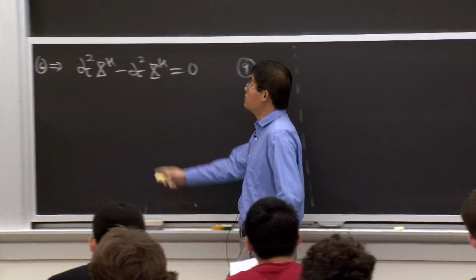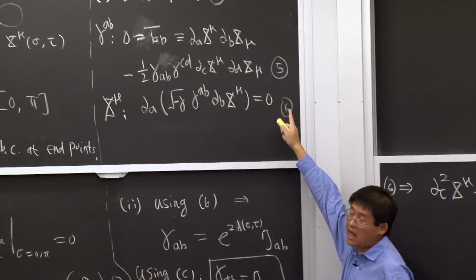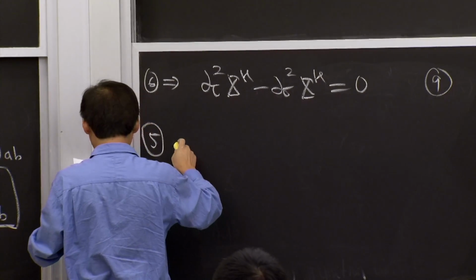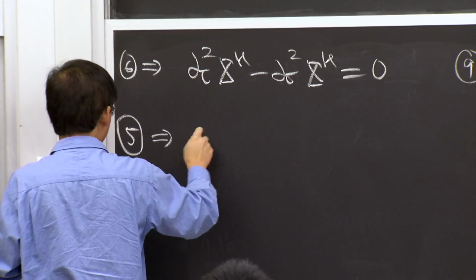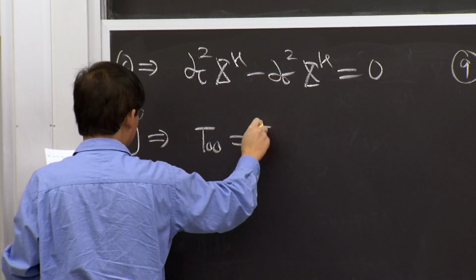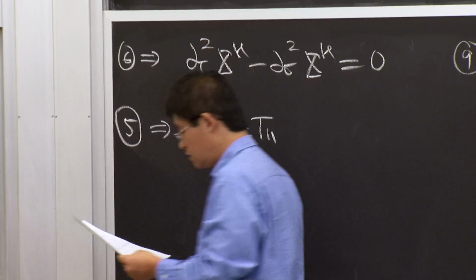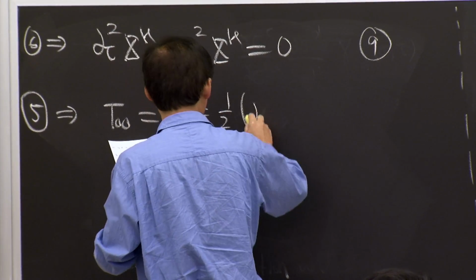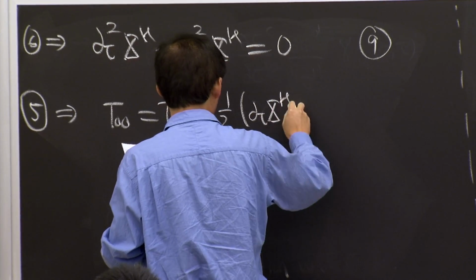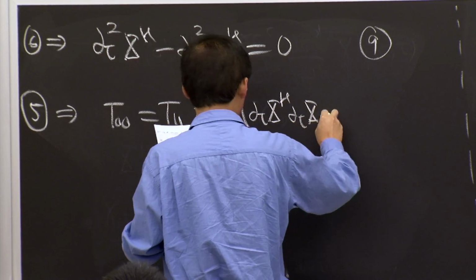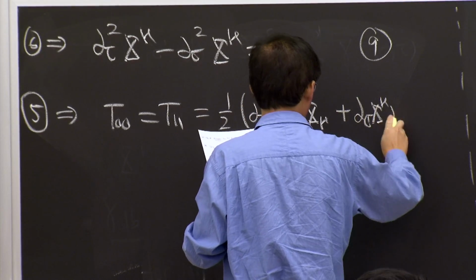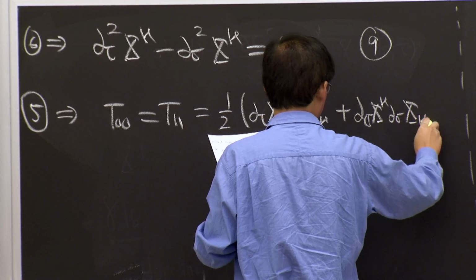But we still have to worry about the 5. So the 5 can now also be written explicitly. First thing you can check is that T00 is equal to T11, so the diagonal elements are the same. It's given by 1/2 (partial tau x mu)^2 plus (partial sigma x mu)^2 equal to 0.